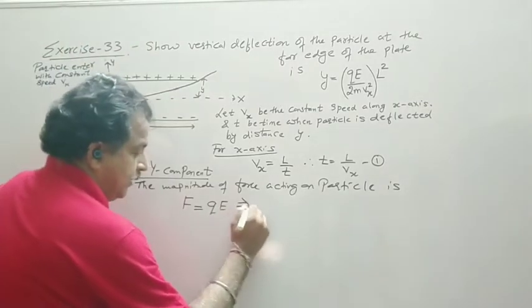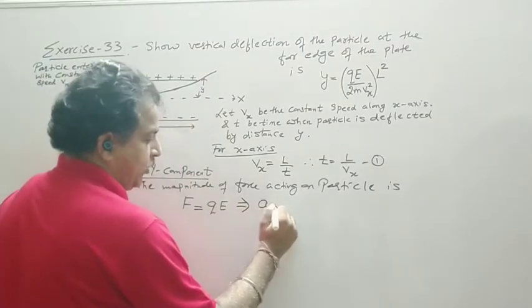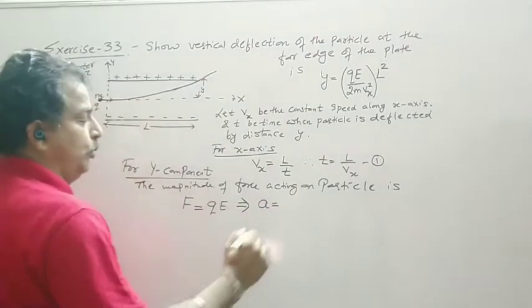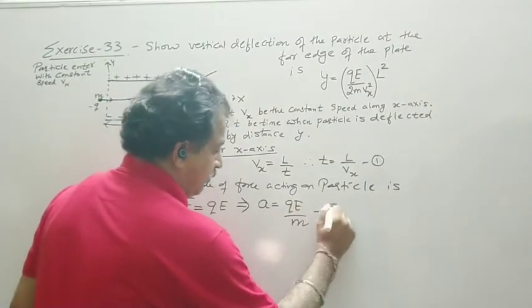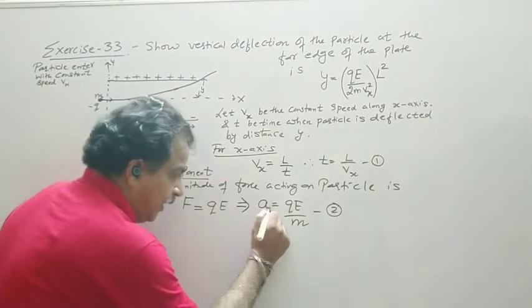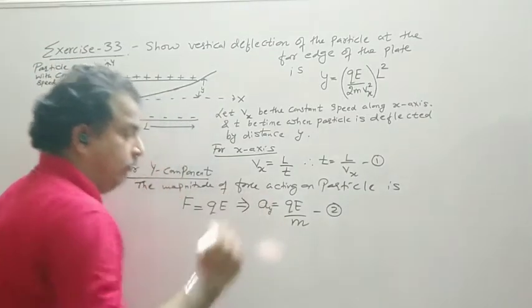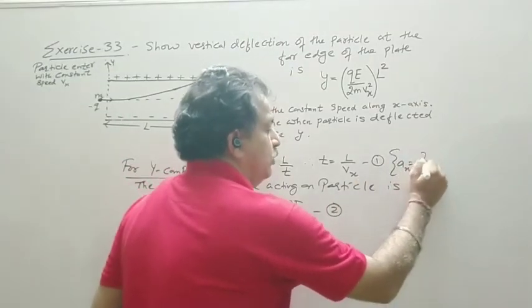This implies, now force can be written as mass into acceleration. So acceleration is equal to QE upon m. This is our equation number 2. Now this is the y component, so I am writing ay. You have to remember ax is equal to 0.